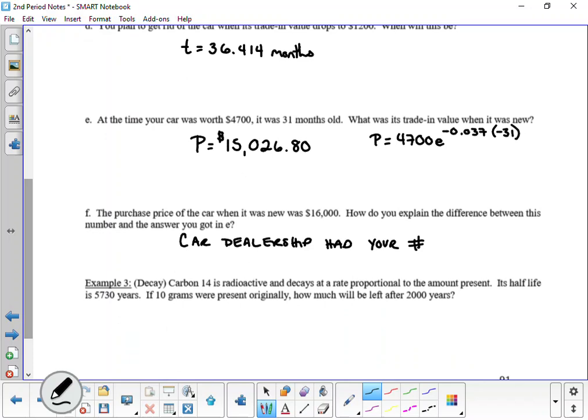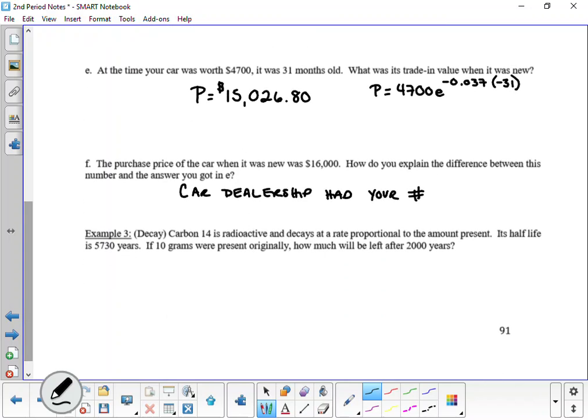Carbon 14 is radioactive and decays at a rate proportional to the amount present, which means dP/dt equals kP, which also means that we can go automatically to the formula P equals Ae to the kt, right?